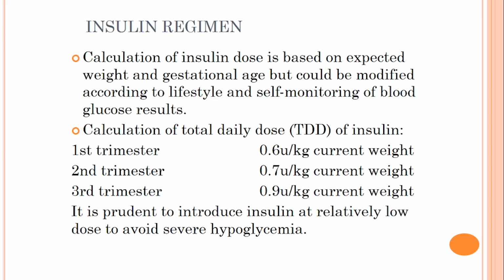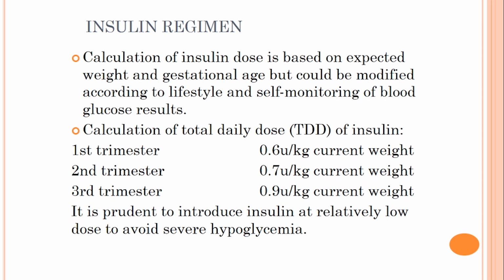However, if there is no consistent pattern in sugar values, then the 2 to 3 day interval could be prolonged for a more objective adjustment.